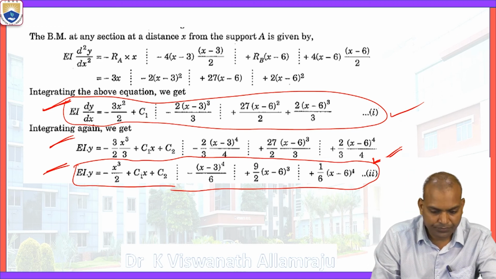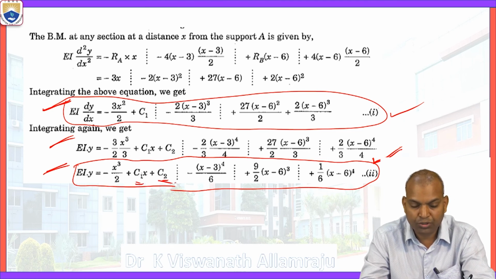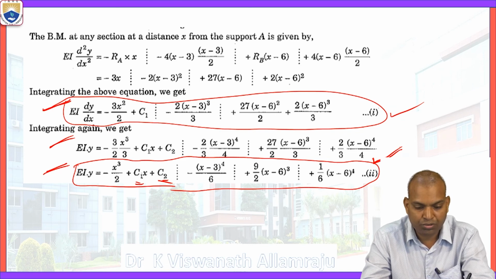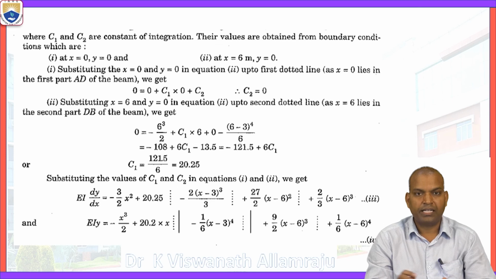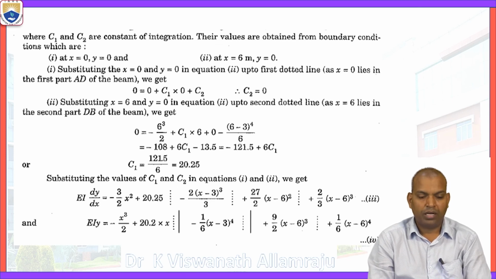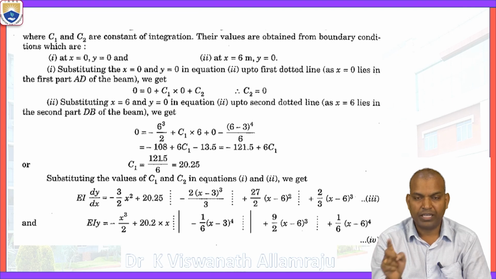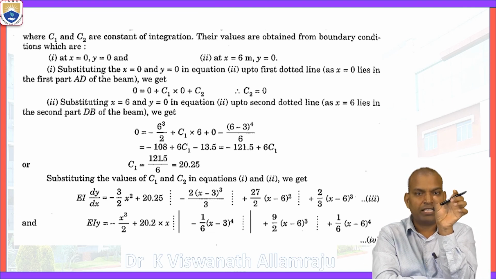Now these two values, C1 and C2, are to be calculated by using two boundary conditions. What are the two boundary conditions? At x equal to 0, y equal to 0, and at x equal to 6, another support, y equal to 0. The deflection is 0 at the supports.